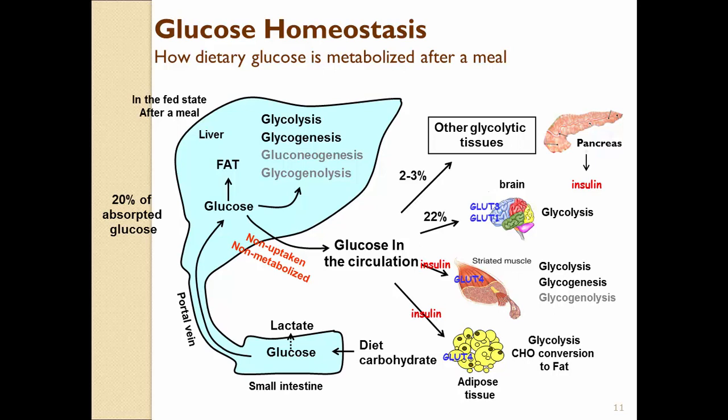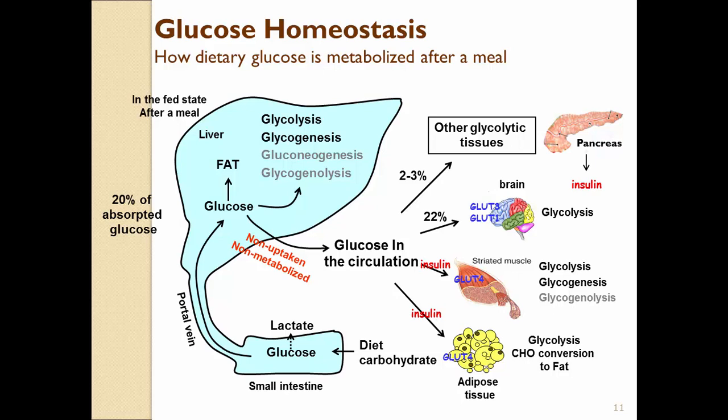So in the fed condition, the other important thing is the hormones. Which hormones do you think should increase in level in the fed condition when we eat food? It's already in the slide. Insulin, right? Insulin is released from the pancreas, and insulin secretion is increased in response to glucose.